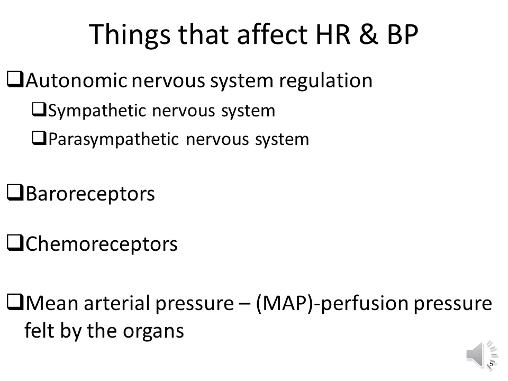Now, to go back to the parasympathetic nervous system, it's mediated by the vagus nerve, and the neurotransmitter is acetylcholine. We say rest and digest. It slows down conduction to the SA node, so it slows down heart rate. It has a lot to do with digestion and other things, but right now we're just talking about things that affect heart rate and blood pressure.